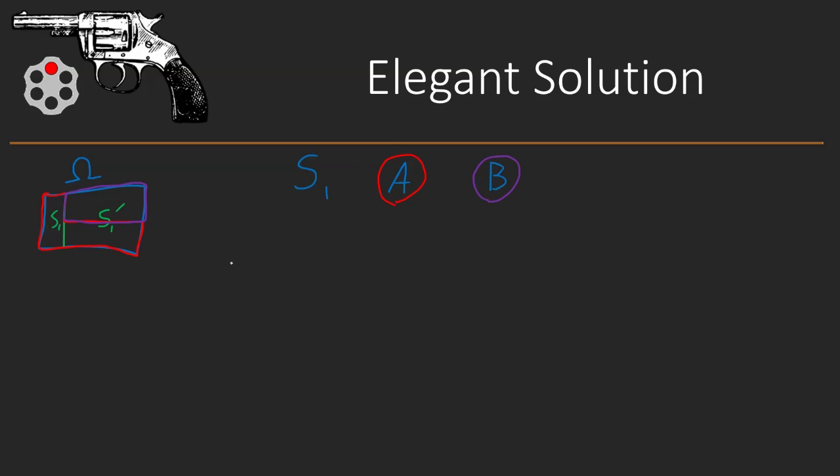Okay, so let's write this out. Remember, the total probability theorem says that if you want to compute the probability of any event, you just need to compute it conditioned on events that cover the sample space. So we're saying here that this is equal to the probability of A conditioned on S1. And here, you must multiply by the probability that the event you're conditioning over actually happens.